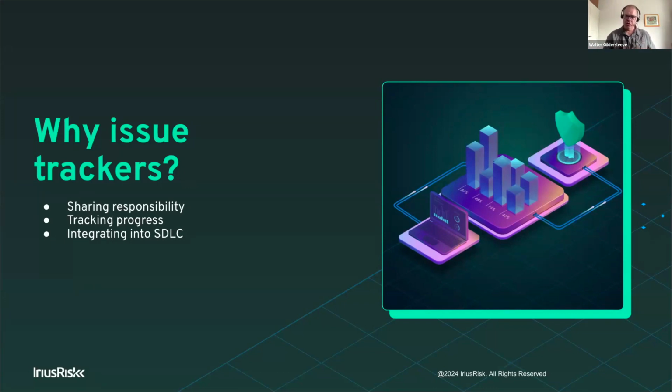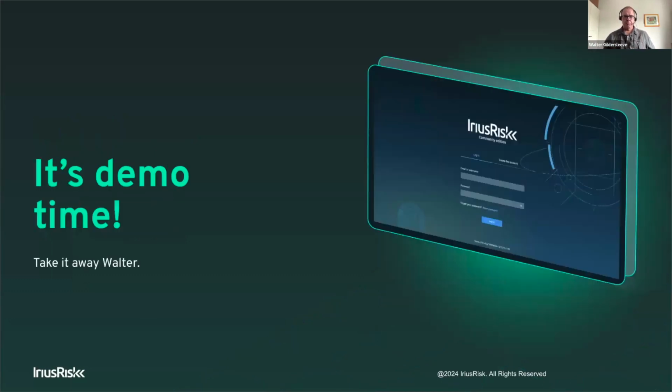You can look at your tracking system and say, look, we still have two threats that are open. What's going on with those? So just another way to integrate directly into your software development lifecycle. So that's kind of a 1,000-meter flyby of the integration methods of Arius Risk.